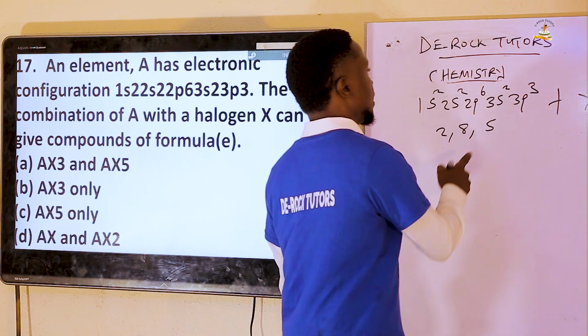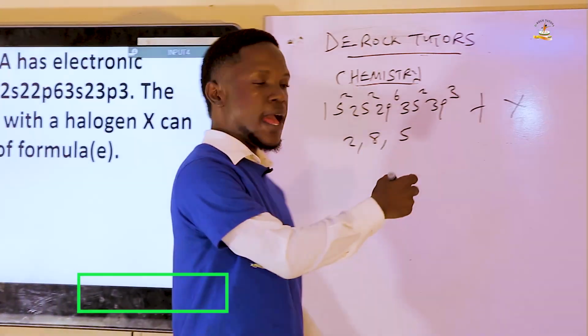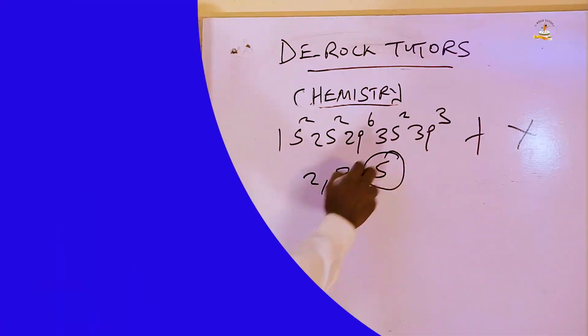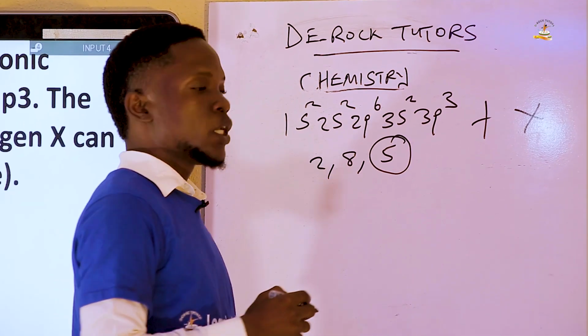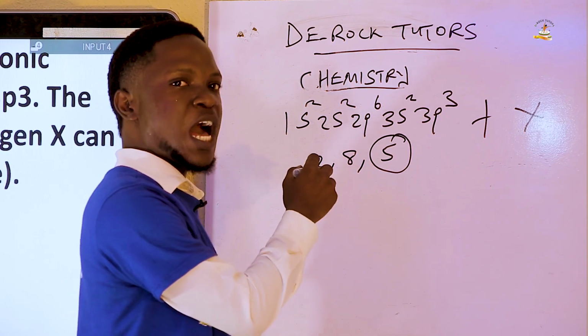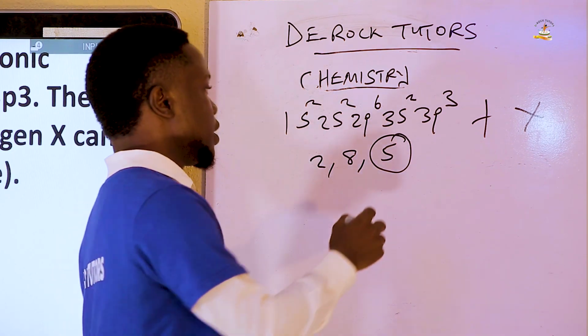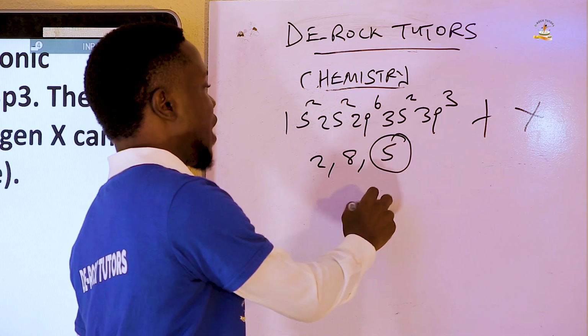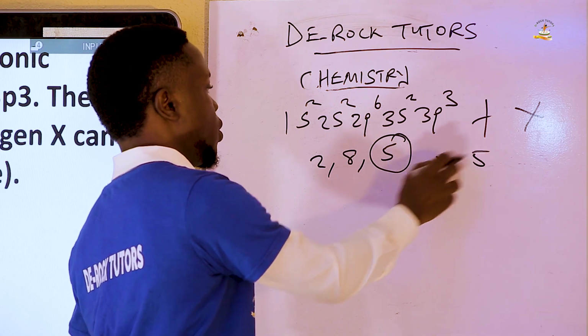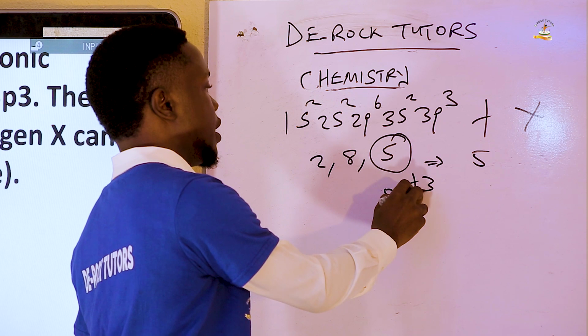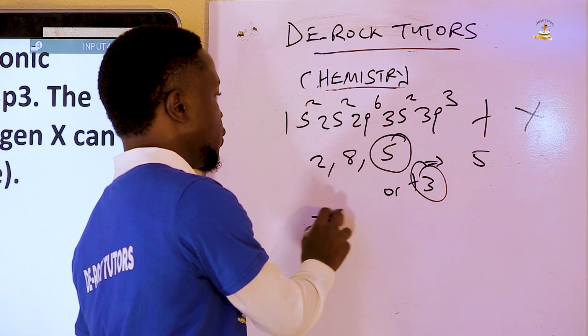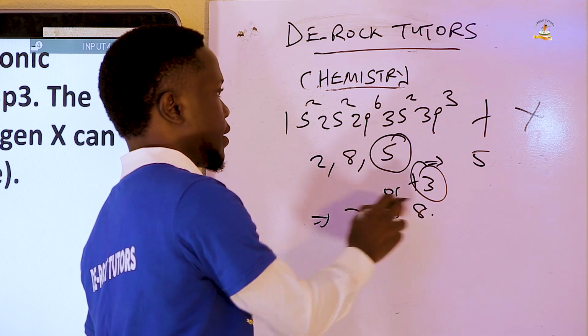That means that this element A has 5 electrons in its outermost shell. Now, to achieve an octet configuration, it will have to give out 5 electrons or accept 3 electrons to become 2, 8, 8.